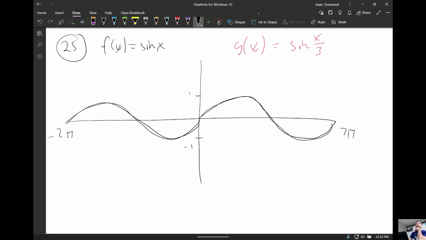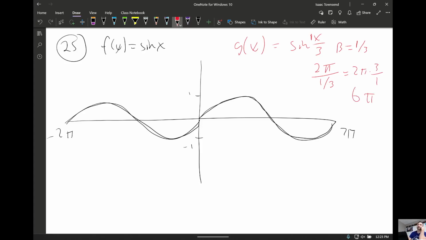The problem is, if you don't think about this one at all until you think you're almost done, this guy has a b value of 1/3. 1/3 is the coefficient of x. His period, 2 pi divided by b, is going to be 2 pi times the reciprocal of 1/3, which is 6 pi.